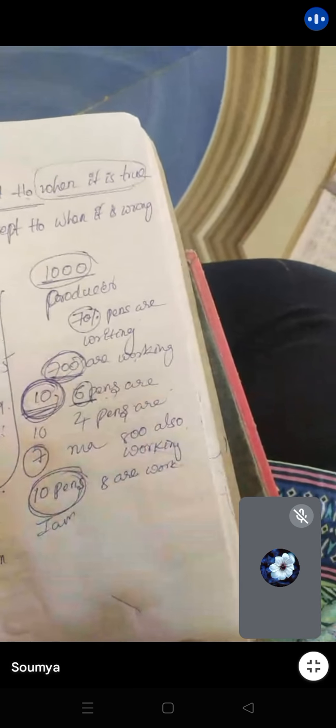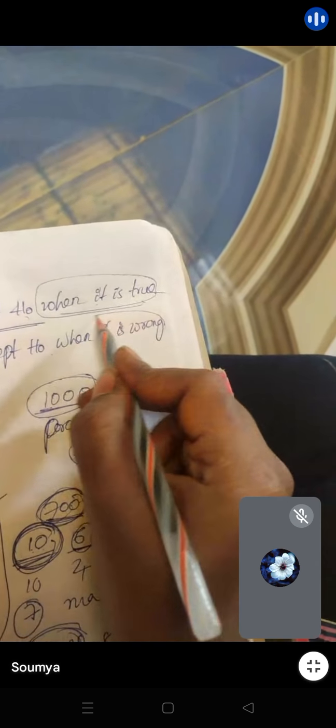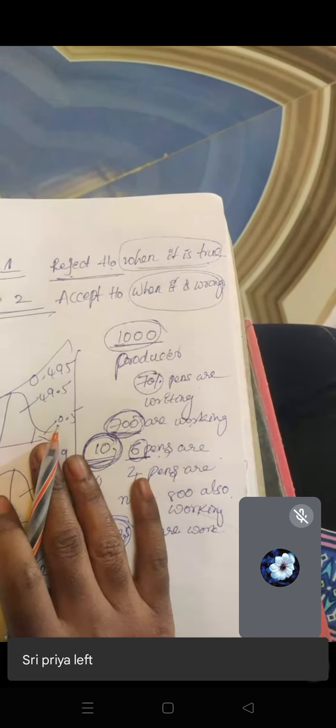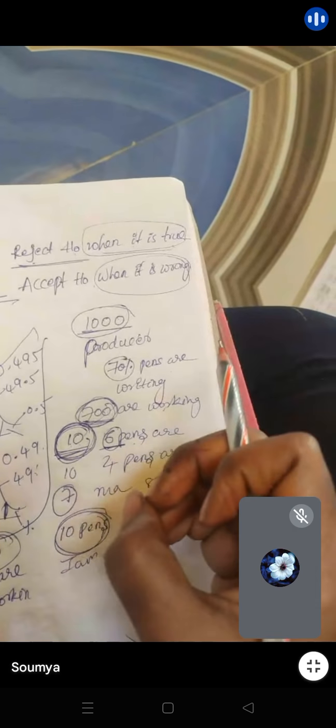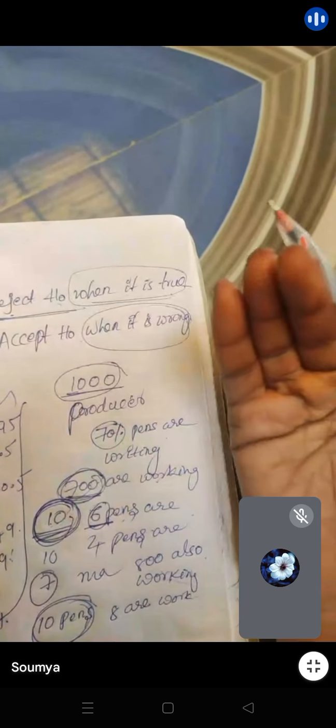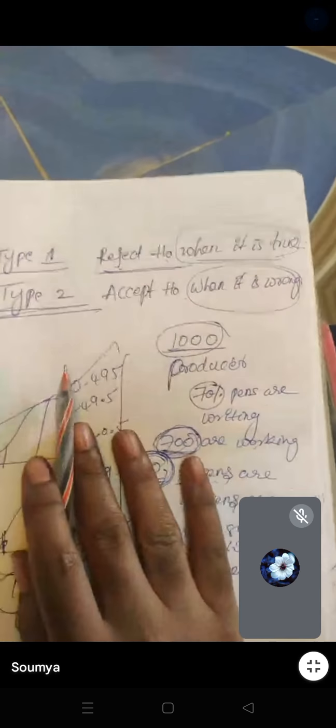So I am accepting H naught when it is wrong. That is type 2. You are accepting, but it is wrong. That is type 2. You are rejecting when it is true. That is type 1.